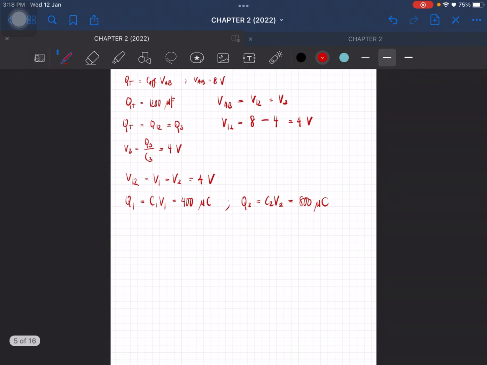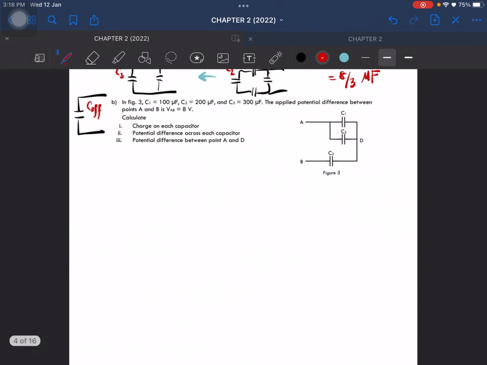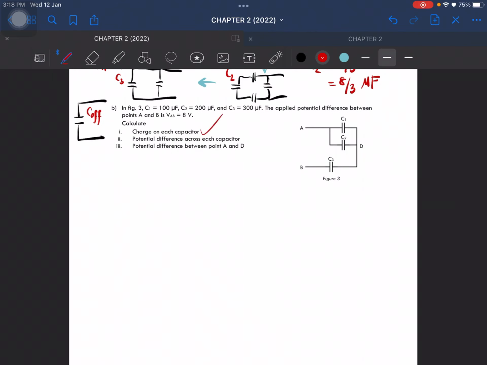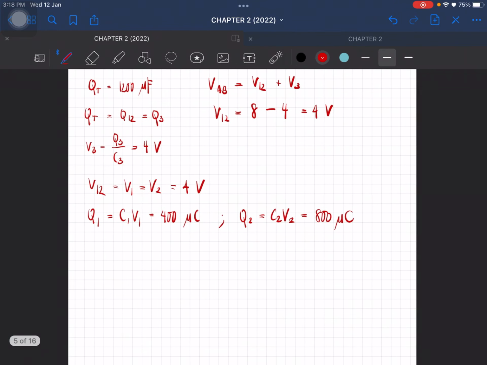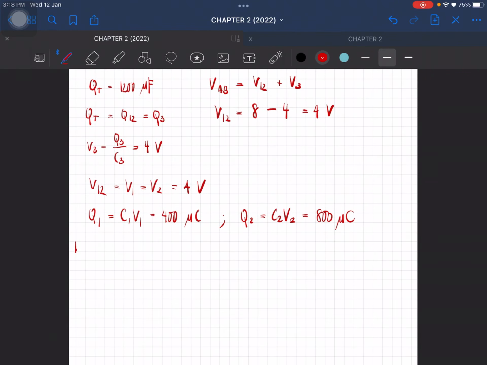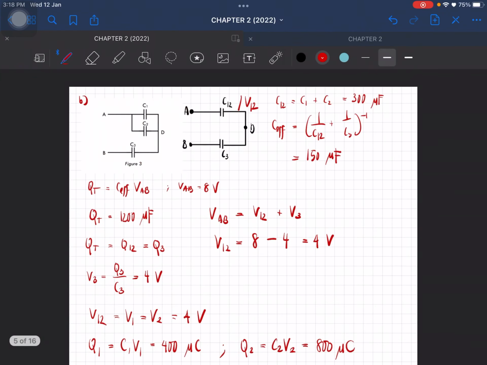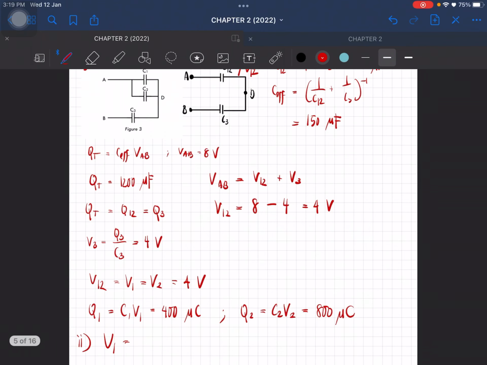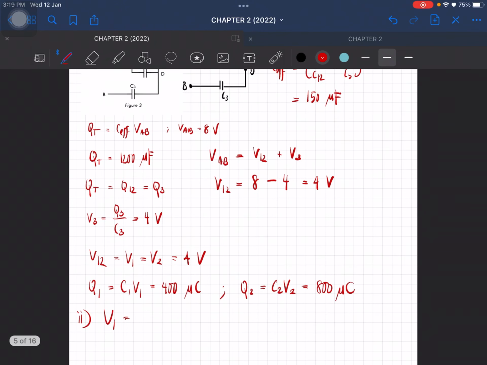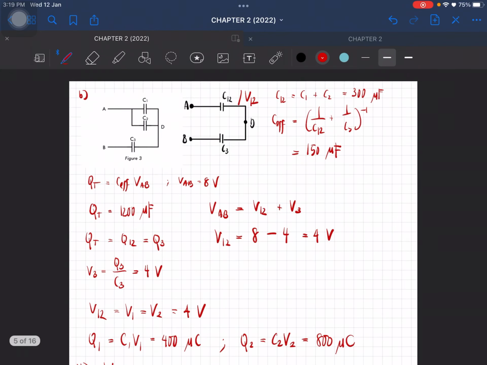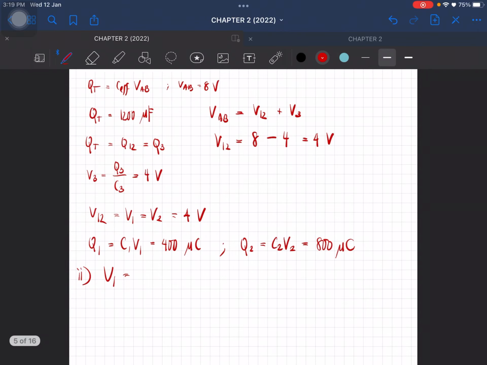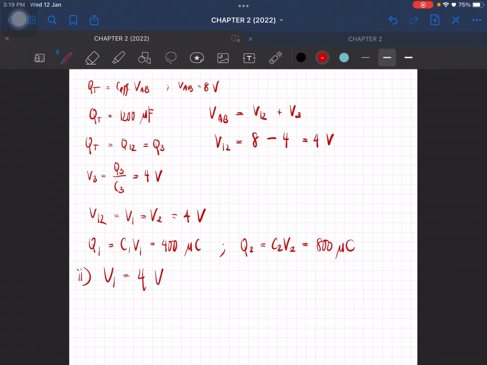And then for Roman 2, we have to calculate the potential difference across each capacitor. We've already calculated it, so we just have to write it. V1 is equal to what was it? Why can't I see it? Oh, 4 volt. V2 is also equal to 4 volt.